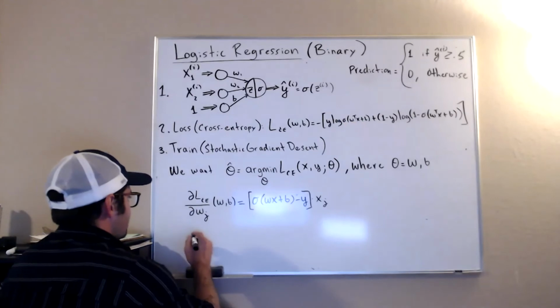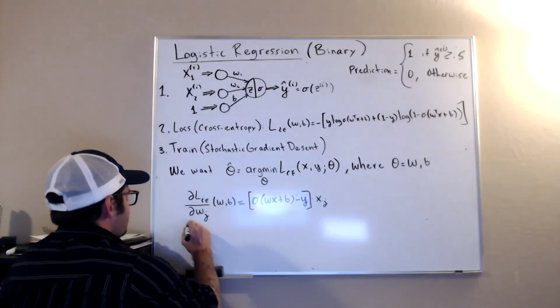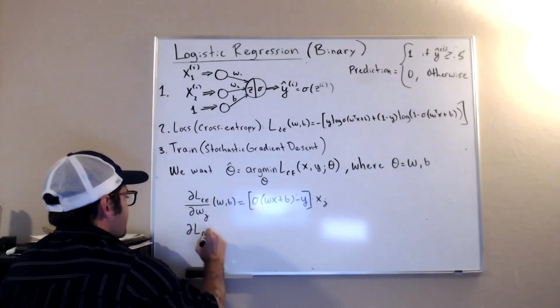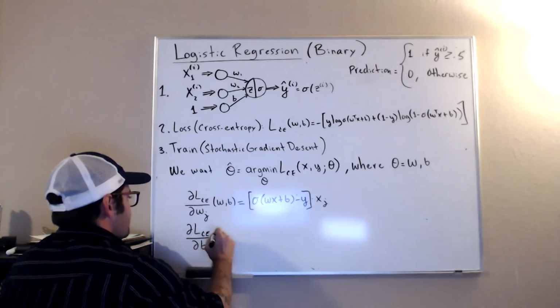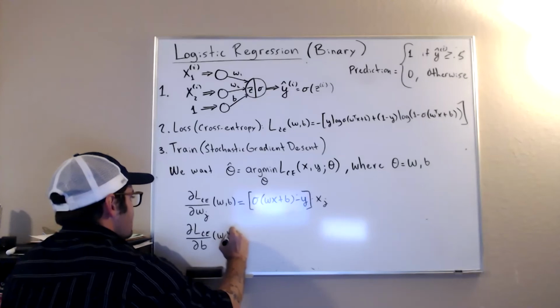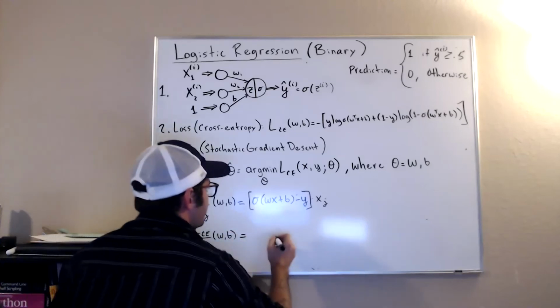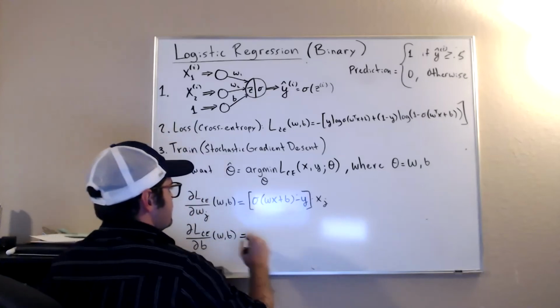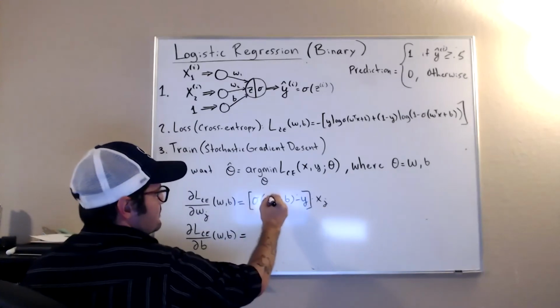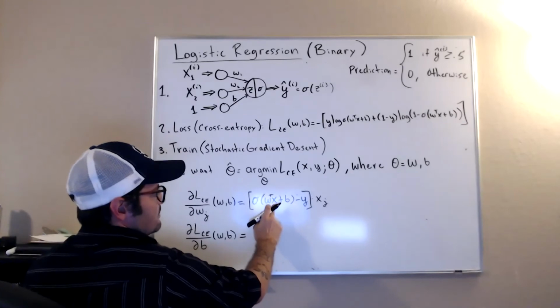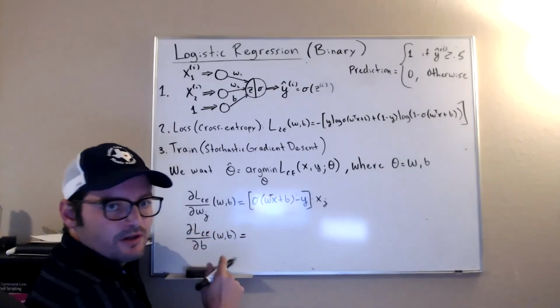And then in a similar fashion, the partial derivative of the cross entropy loss with respect to b is going to be the same thing without the xj. Notice the xj comes from the jth component of w times the jth component of x in that dot product.